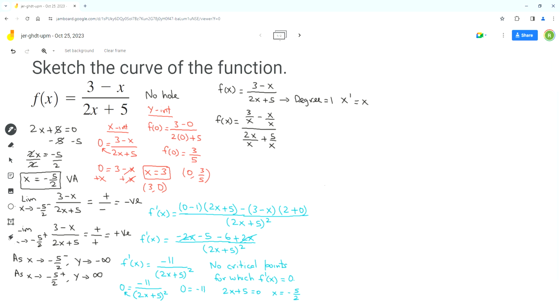Now we can simplify this expression. So 3 over x stays as it is and x over x becomes 1. And then 2x over x is just 2 plus 5 over x. Now we can apply the limit as x approaches infinity.